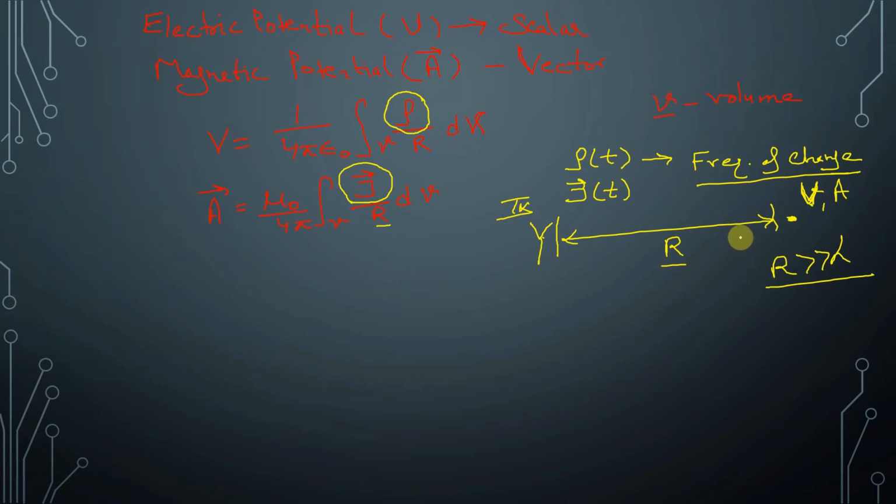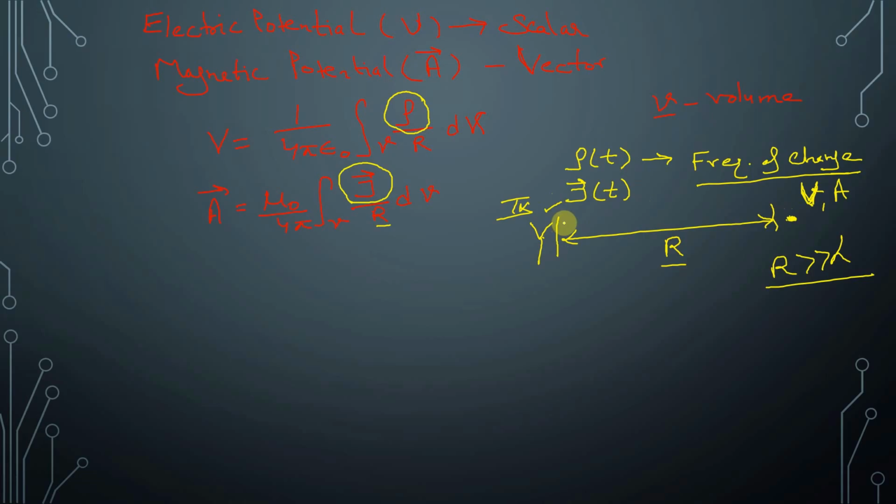When you consider a delay effect, this potential is called the retarded potential, because it takes some time to reach from the transmitting antenna to the point where we want to calculate it.